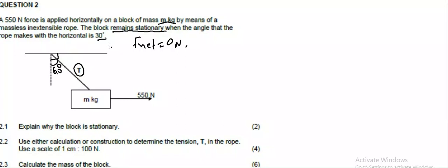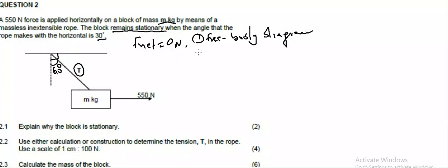Now the first thing that you need to do when the net force is equal to 0: step number 1, you must draw the free body diagram.